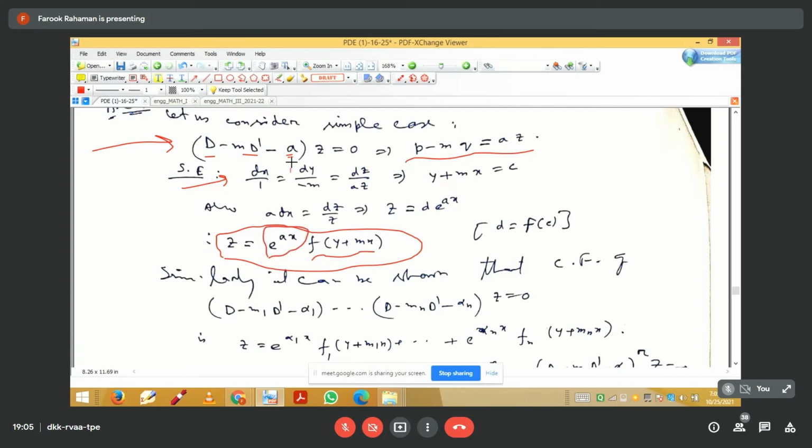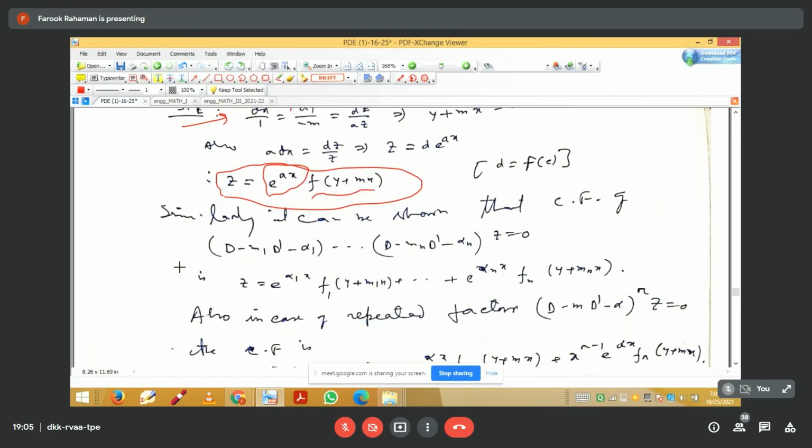If you find a factor like this, then for the non-homogeneous case you get a similar result to the homogeneous case, with the extra term of e to the power ax type.